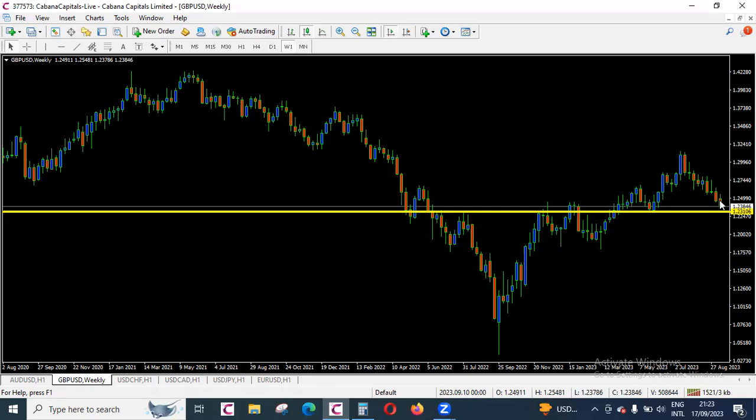That's 1.2436. That's the pivot for last week.